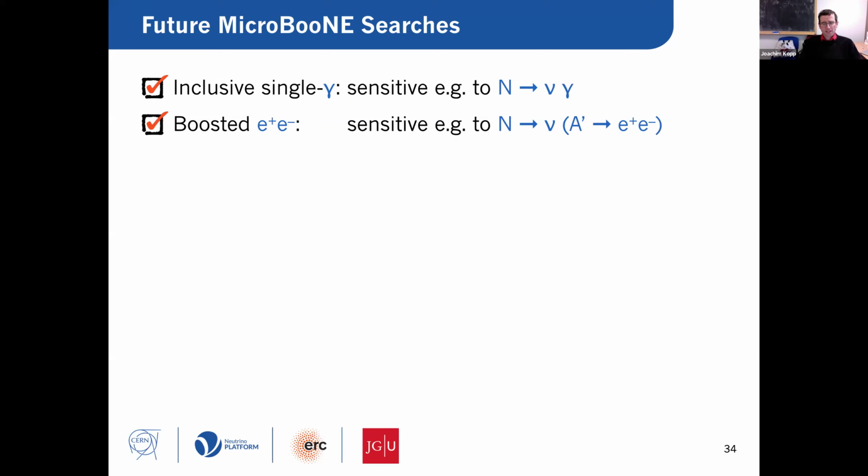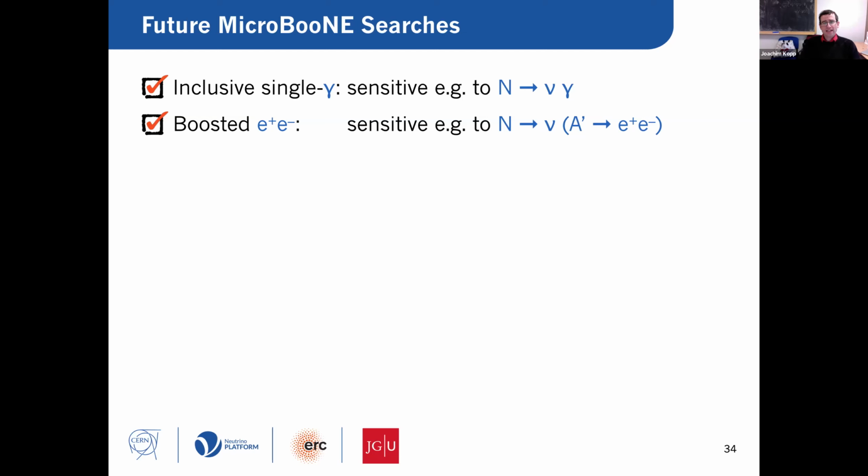This would give a high energy single photon that could mimic the MiniBooNE excess and would not have shown up in any of the existing MicroBooNE searches. So it's paramount that MicroBooNE should do this search, and of course MicroBooNE will do this search.